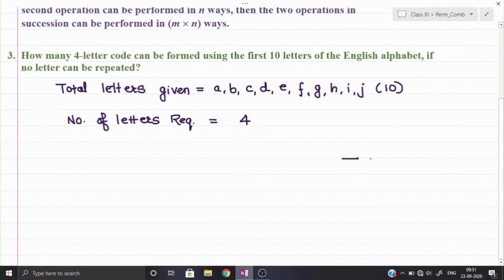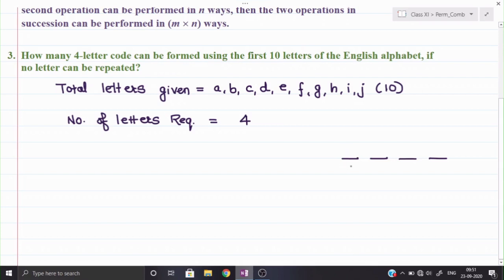So once again, this is the 4-digit code I can see. These 4 places show the 4-letter code. Now if I ask you, at the first place how many letters are available with us?